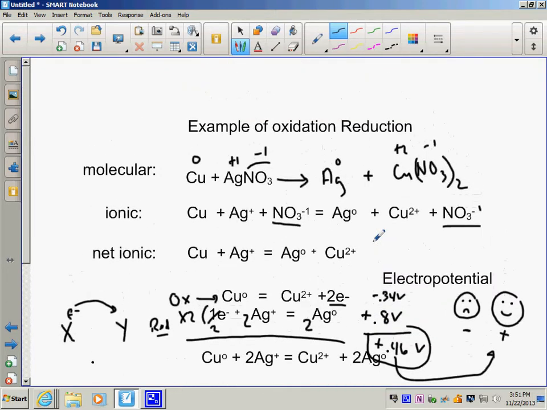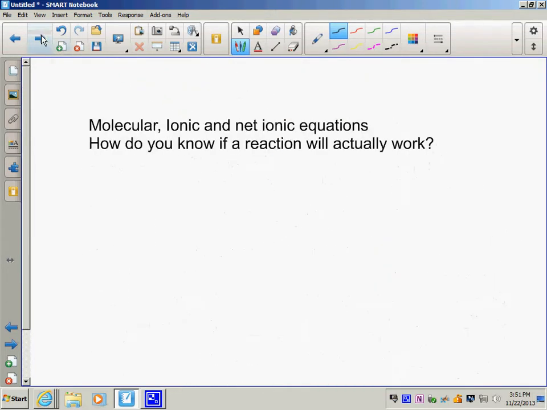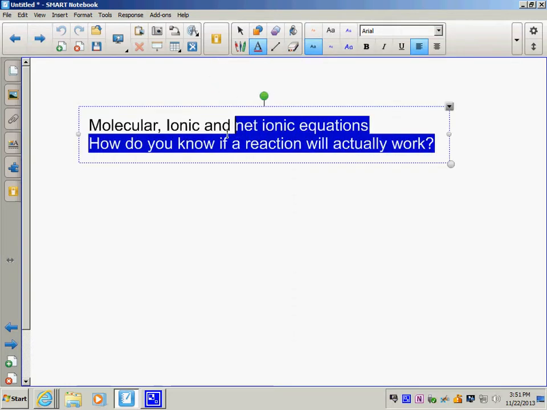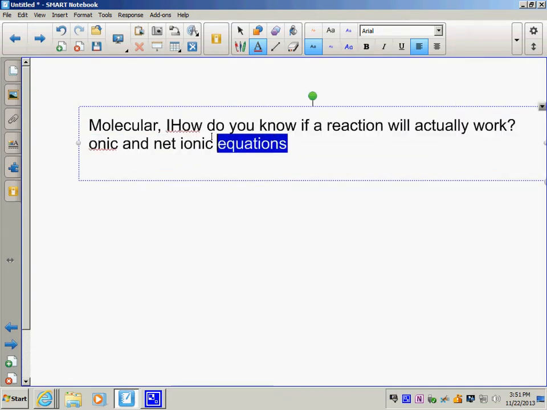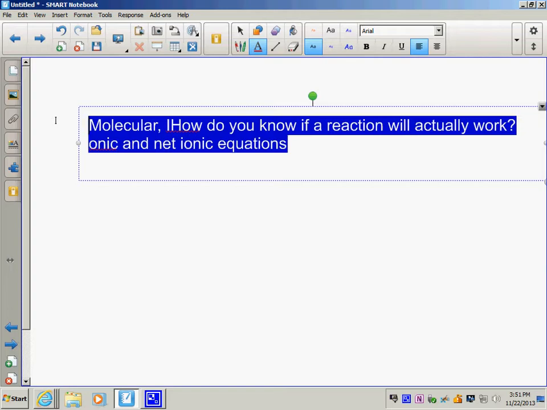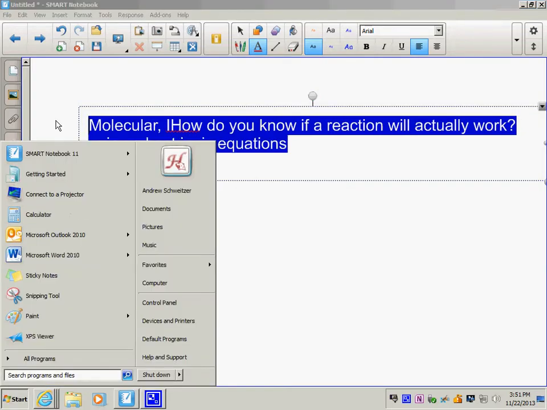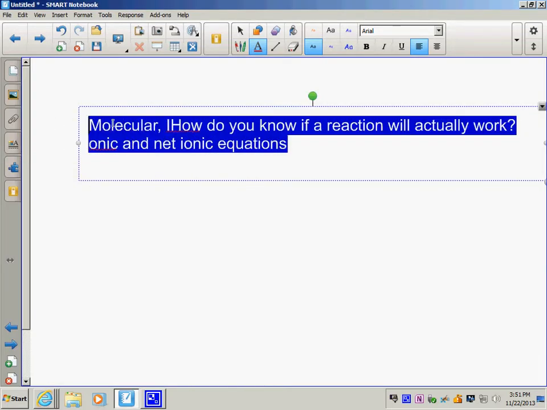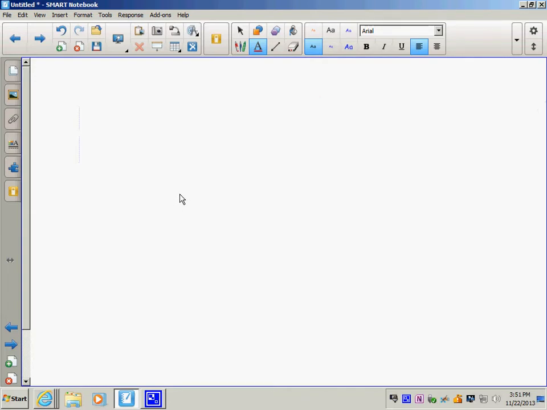Let's try another example here. All right, so let's try another example of this.